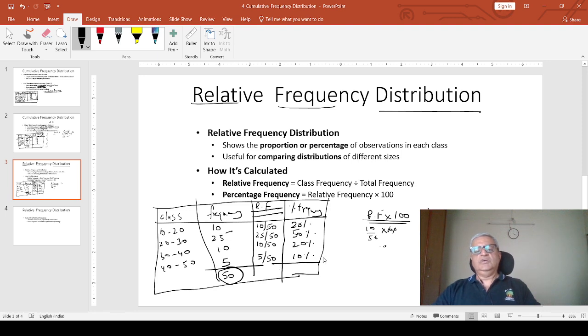So this is how relative frequency and percentage frequency are calculated. Very, very simple. Relative frequency is the frequency divided by the total number, and percentage frequency is just RF multiplied by 100.